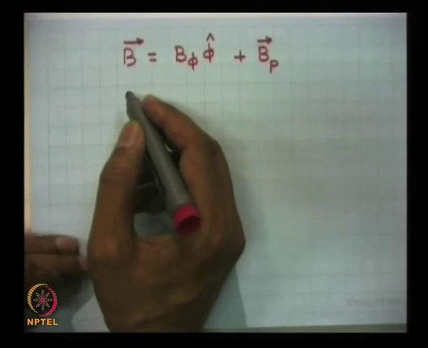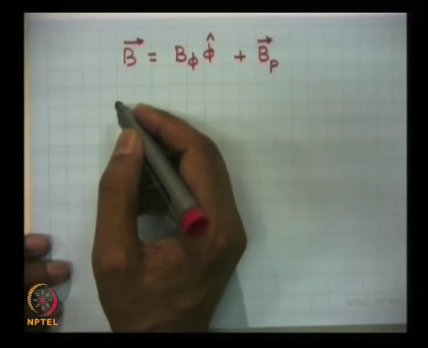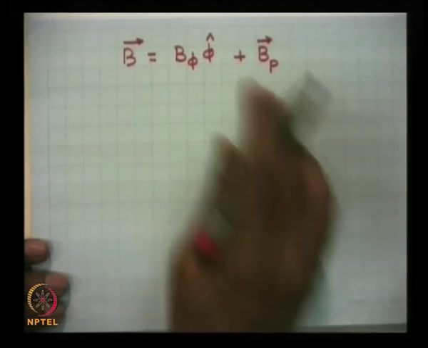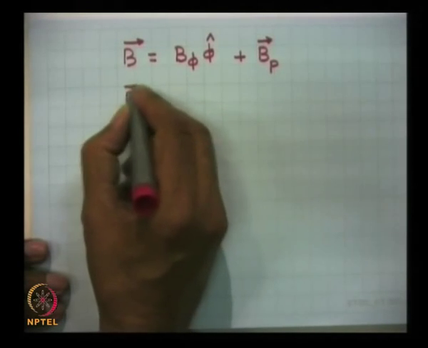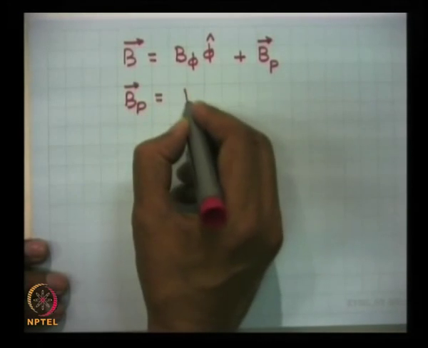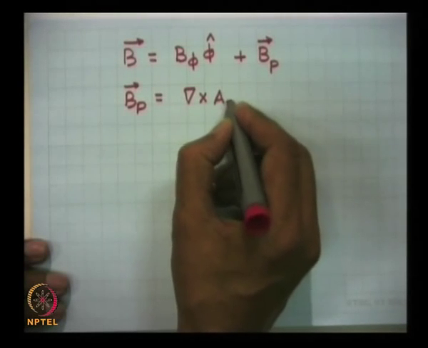Now, as a magnetic field can always be expressed as curl of a vector potential, I can write down BP also as curl of a vector potential, which I will call AP.